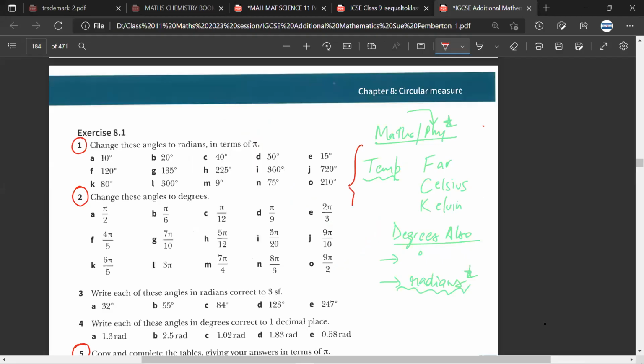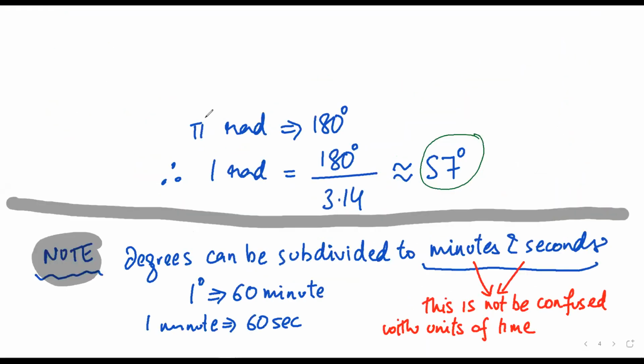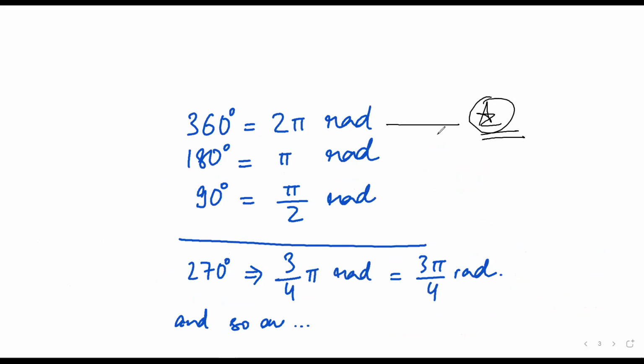Like in temperature, we used to have a conversion factor. So now we have got hold of the conversion factor. And once we are comfortable with the conversion factor, then what we can understand is 180 degree would be pi radians, 90 degree would be pi by 2 radians, 270 degree would be 3 pi by 2 radians.